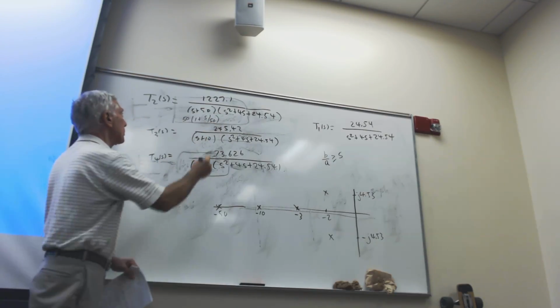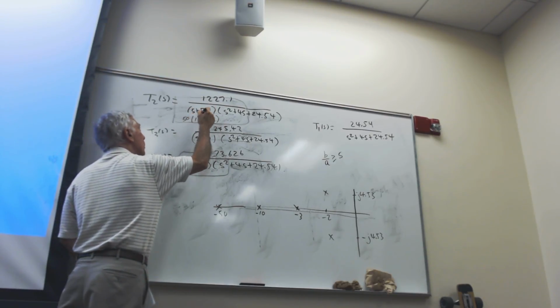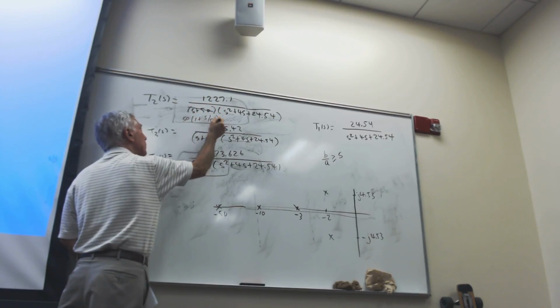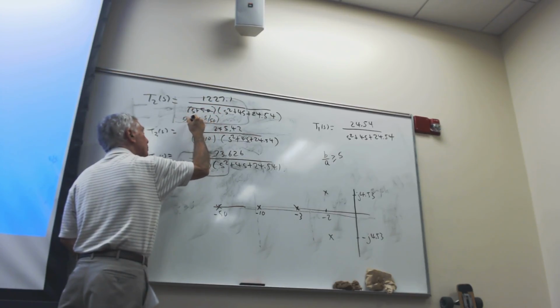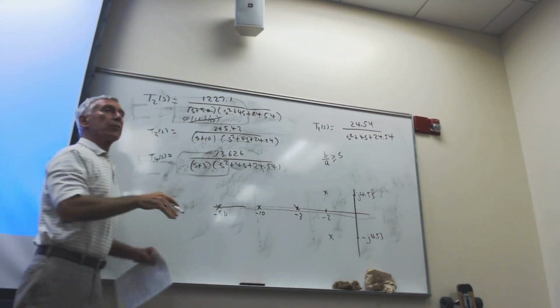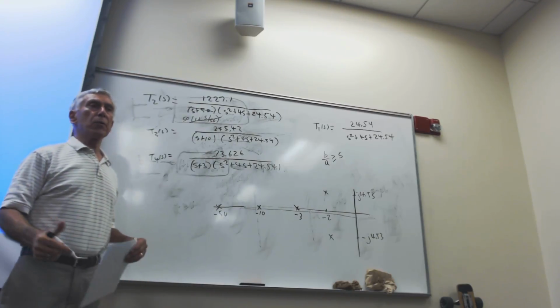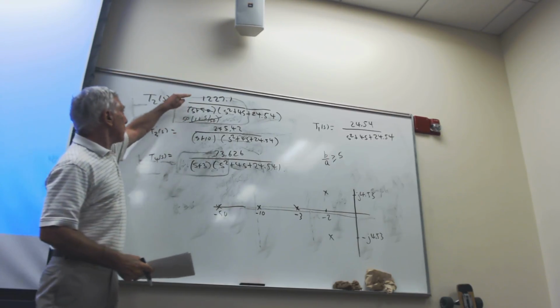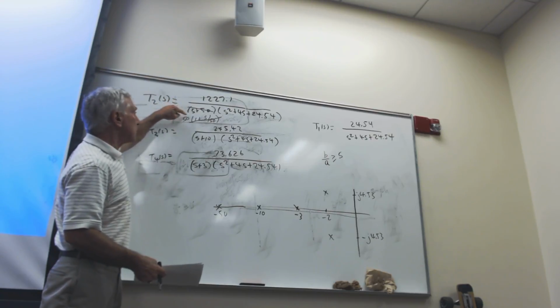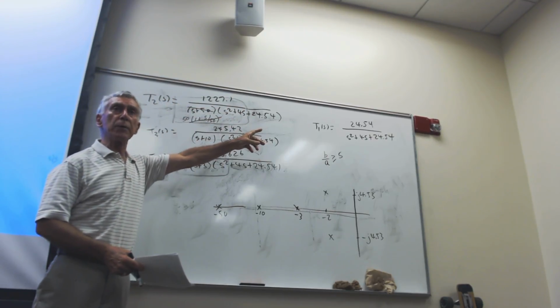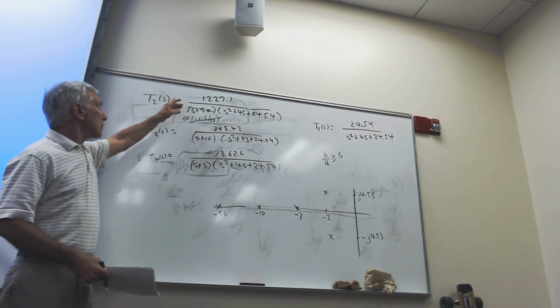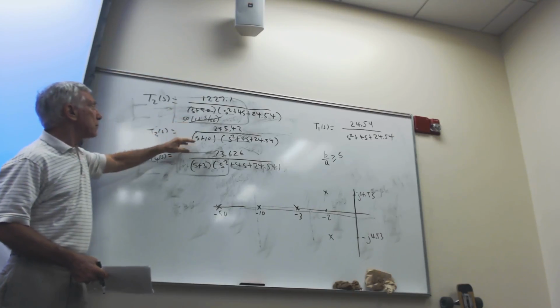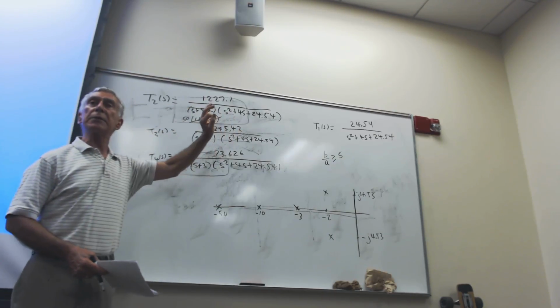Essentially, instead of using that one, we'll use this, and what we'll do is just cancel that, throw it away. And then 1227.1 over 50 is going to be 24.54.